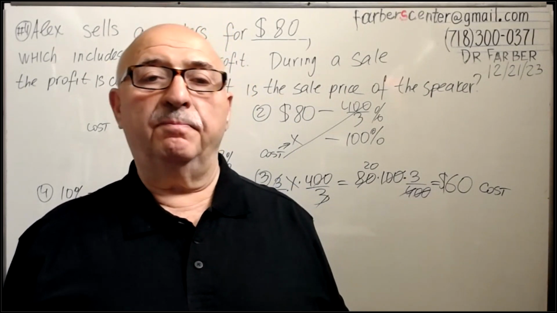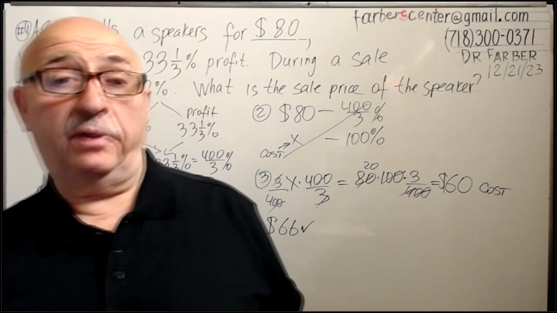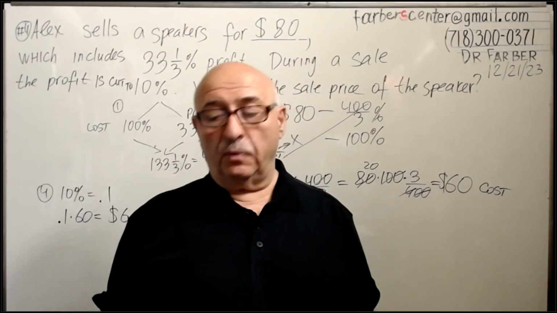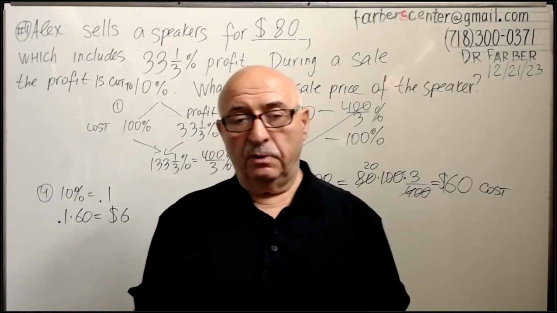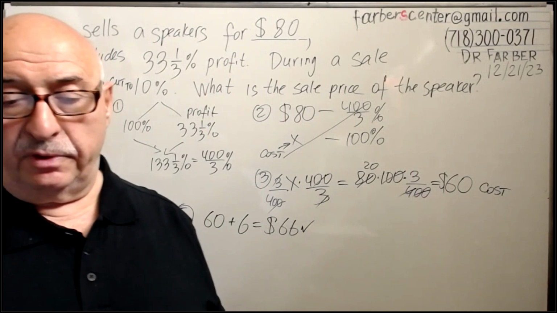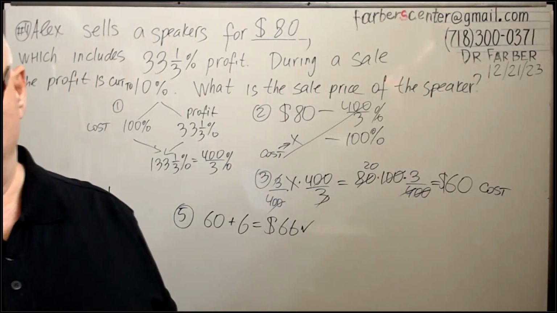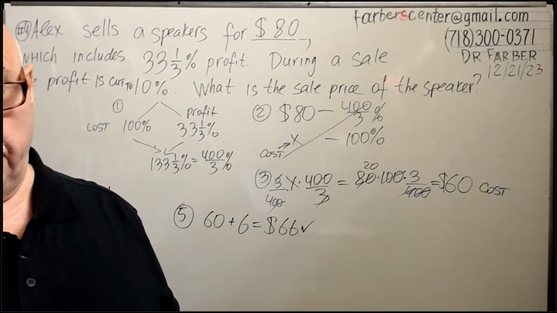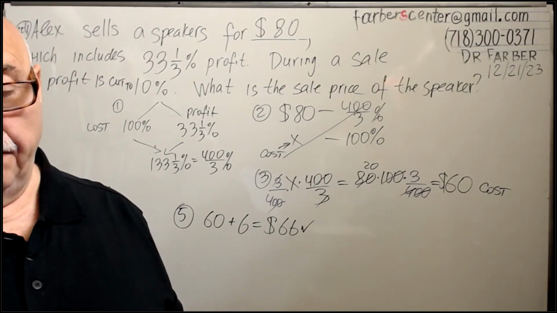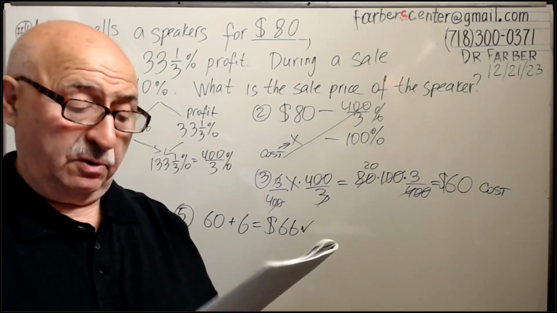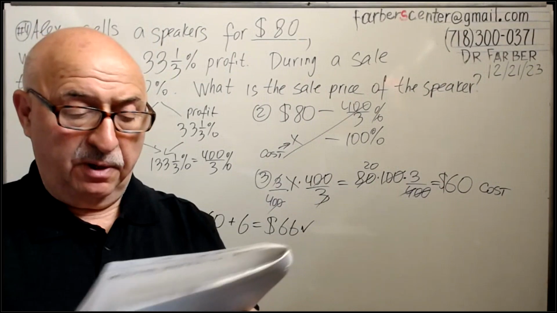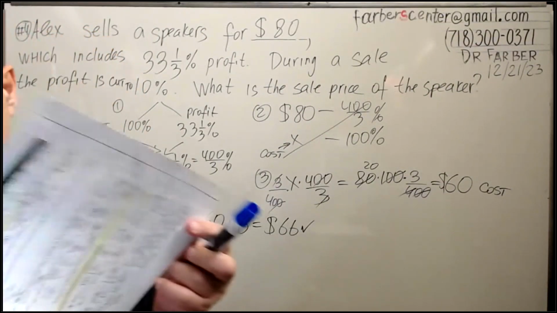Second, you planned to get 33 and 1/3, or whatever, but you get only 10%, and you're selling this for $66 because of this sale, like a Christmas sale. Any questions for this, students, before I erase? No questions. Okay.